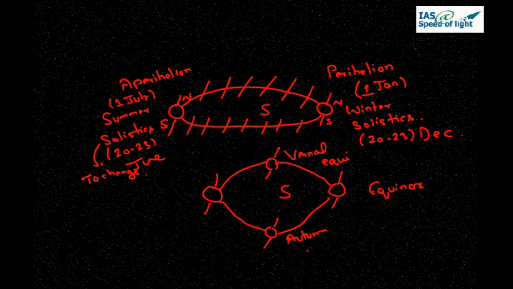What happens during these equinoxes is that the whole earth will experience equal day and night, that is 12 hours of day and 12 hours of night, no matter which part of earth you are in.